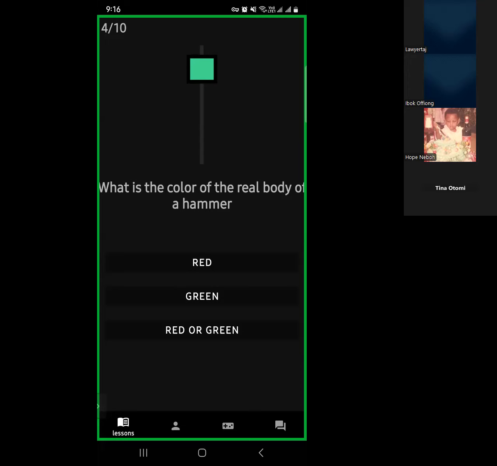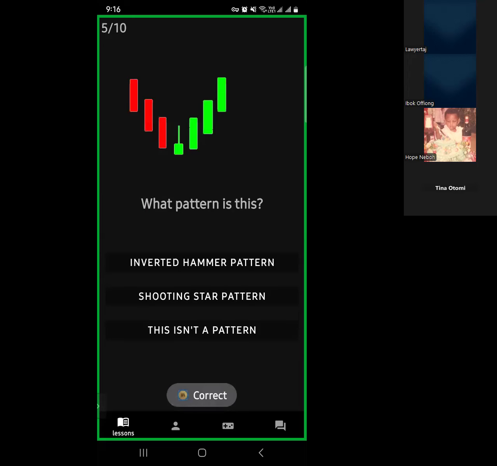My answer is red or green. All of you are saying green. I hope you learned that. A hammer could be red or green, ladies and gentlemen. It doesn't need to be green. So please note that a hammer could be red or green.